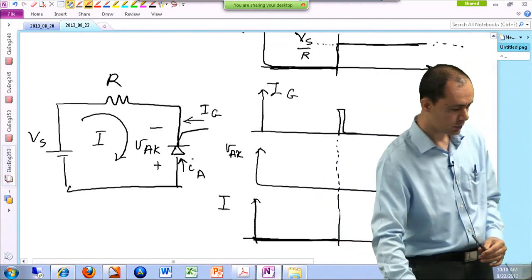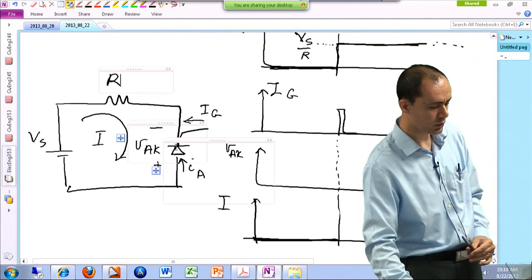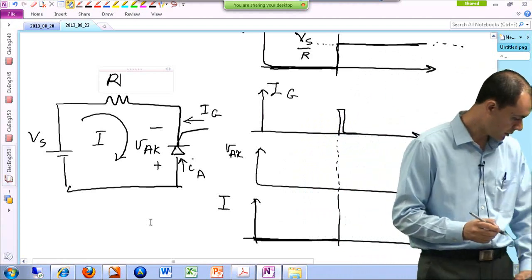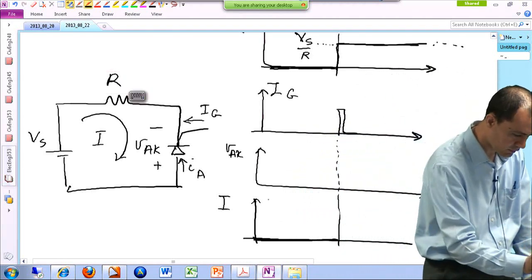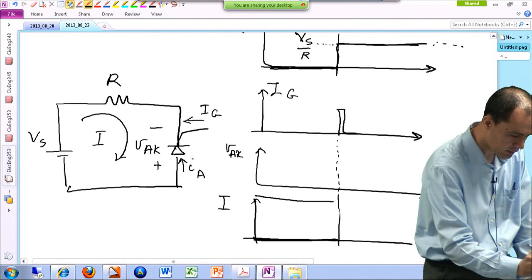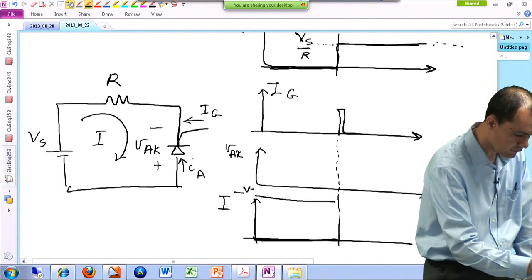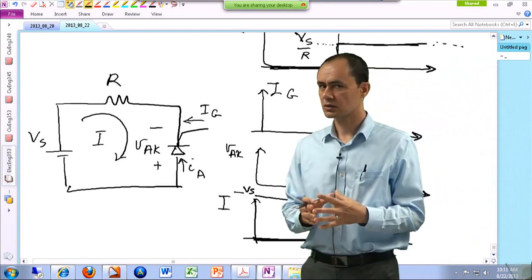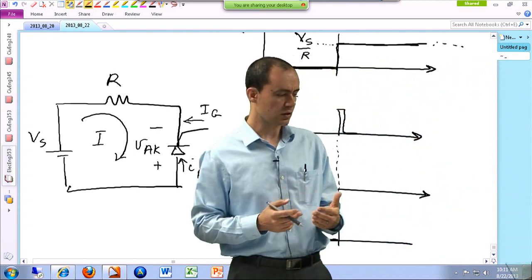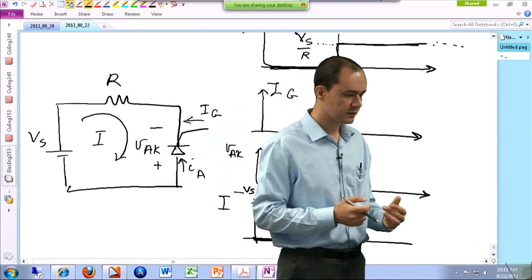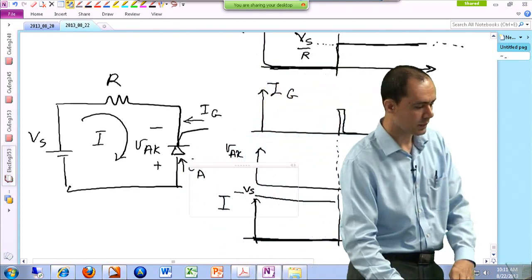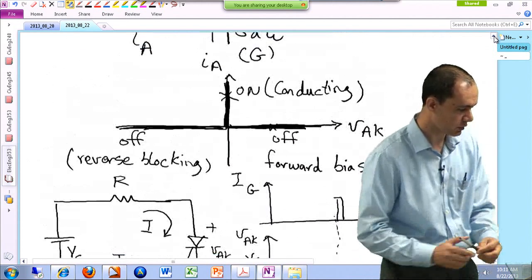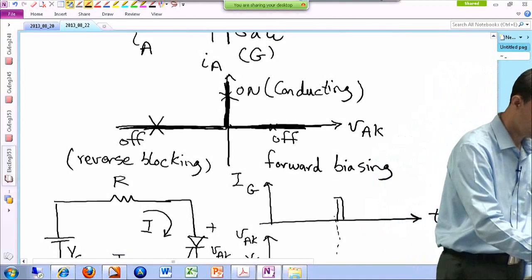That means the entire source voltage appears across my switch, and because the switch is flipped, this voltage is negative. I'm sorry, I don't have enough room here, I'm just going to draw it here. It's negative Vs. All right. So in this particular case, the thyristor is off, and it is blocking some negative voltage. That hints that you are operating here.